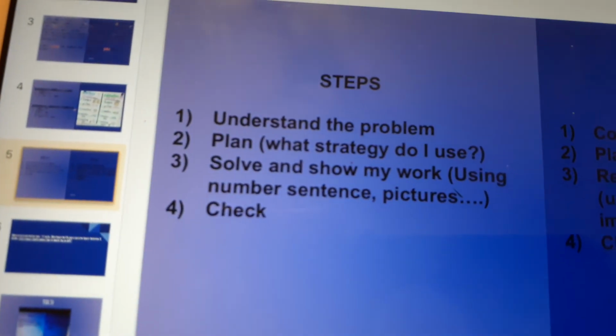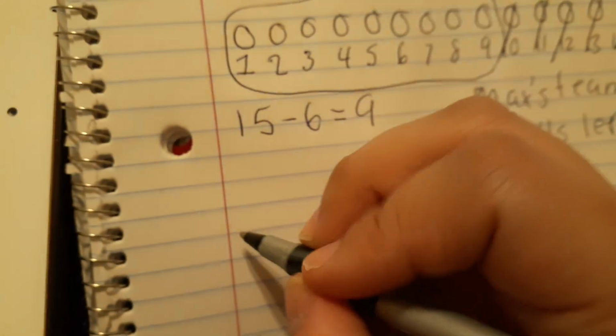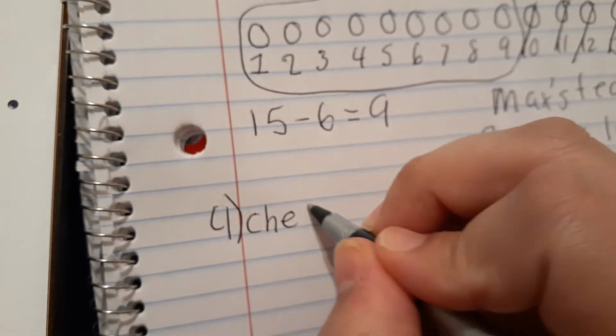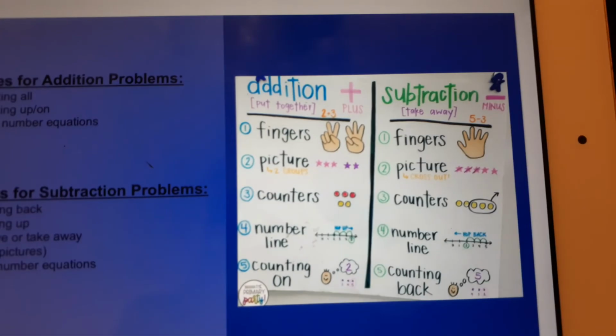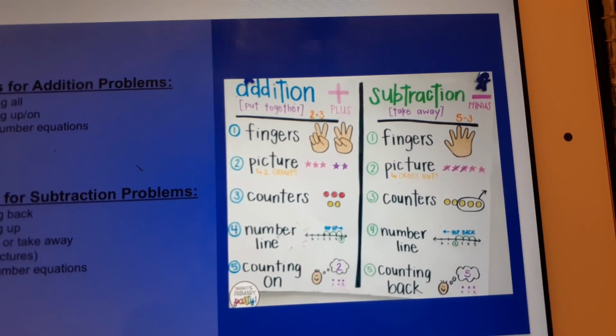So number 4, let's go back to number 4 and let's check it. Check. I think that we can do another strategy to help us check, and that's going to tell us if we got the same answer. So I think that we can do a number line.